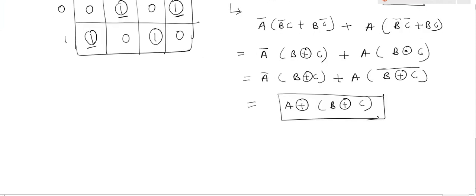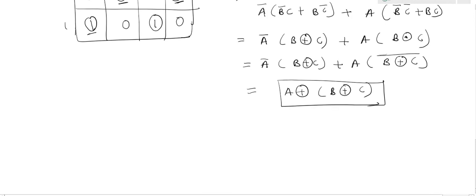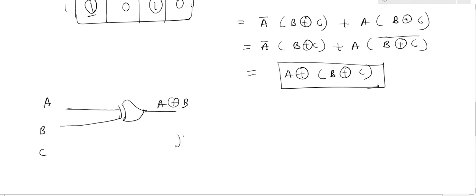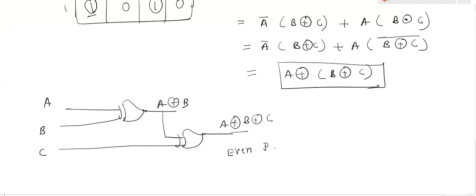Now this expression we can implement using logic circuits. The three inputs are A, B and C. To the first XOR gate I am giving the inputs A and B. It gives A XOR B. I am using one more XOR gate, and I am giving it the output of the first gate and C, which gives A XOR B XOR C. Even parity generator.